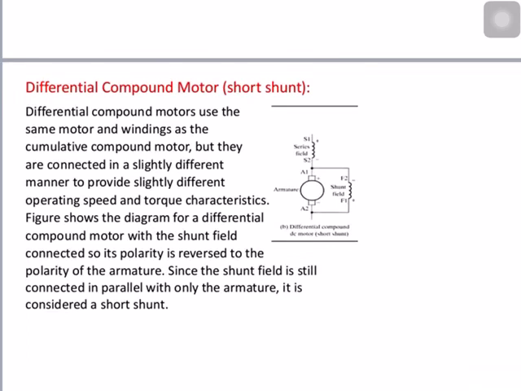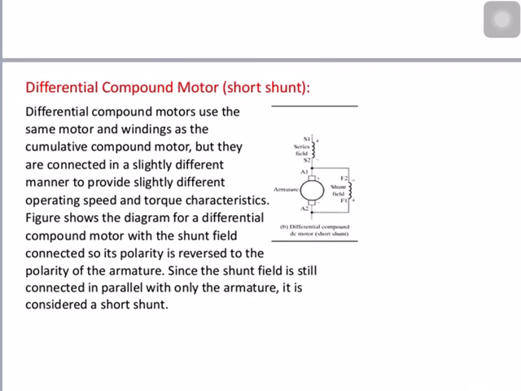Once again, I am repeating that F1 and F2 are connected in reverse polarity to the armature. In the differential compound motor, the shunt field is connected so that its magnetic field opposes the magnetic fields in the armature and series field.